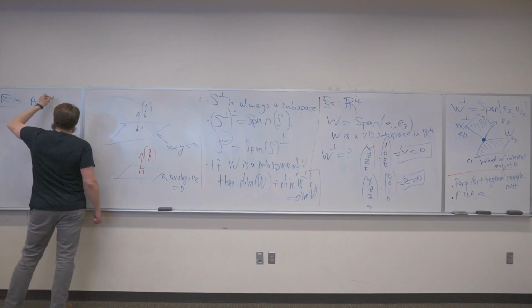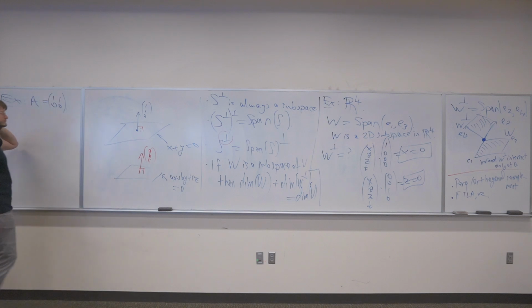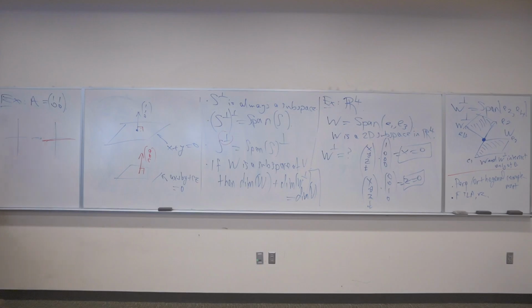Say A is 1, 1, 0, 0. The column space of it is the span of its columns, so it's the span of 1, 0. This is the column space. The null space of A is when x plus y equals 0, which means it's here. That's the null space.